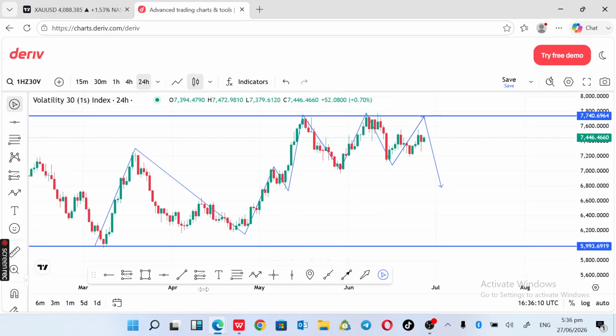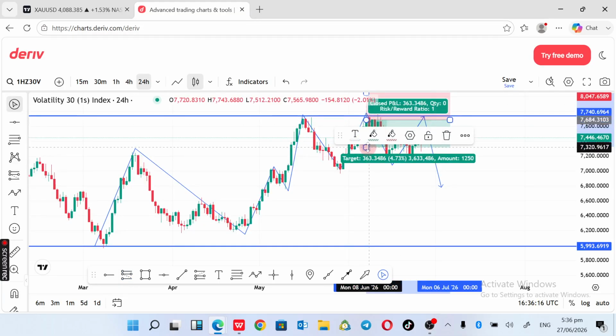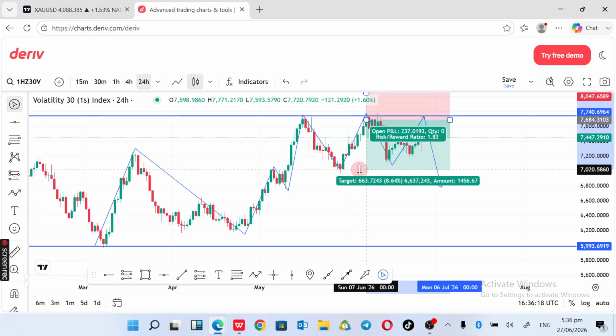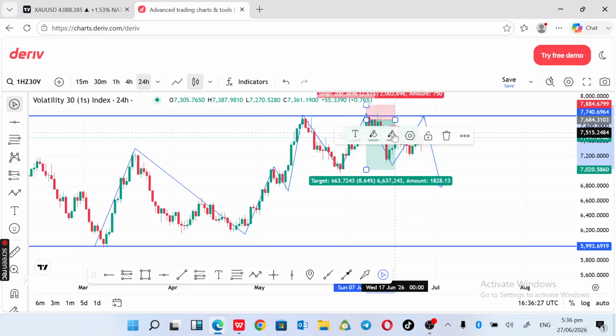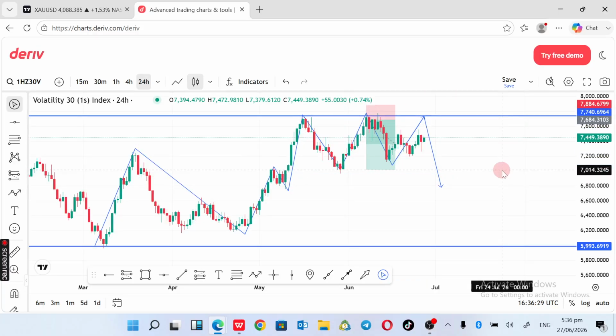At this level, this would have given us a very good sell because it's a double top. We'll have just taken it to the first low, then we take it a little high above the last high, then we mark it here. That gives us a very clear direction.